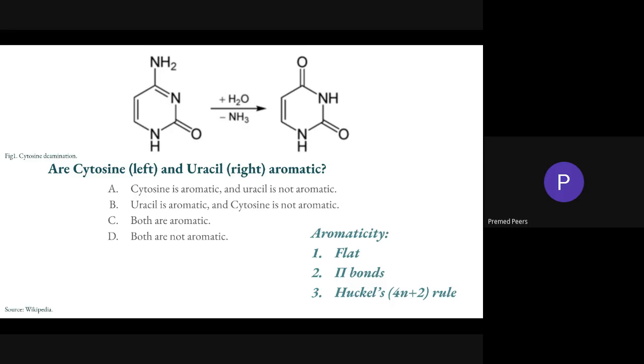And the third thing is Huckel's rule, which stands for 4n plus 2. A common compound is benzene. Benzene has 3 double bonds, meaning 3 times 2 electrons circulating in the pi bond that is connected, which is conjugated as well.